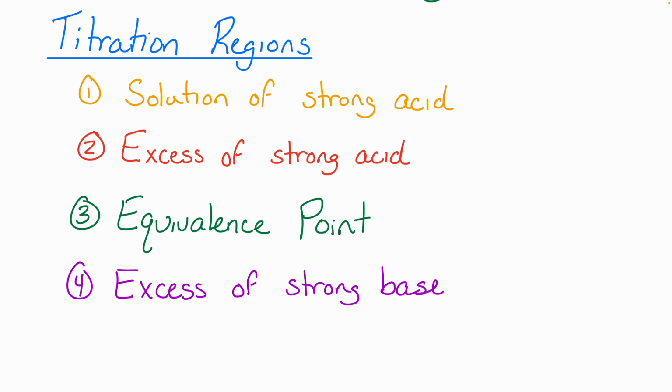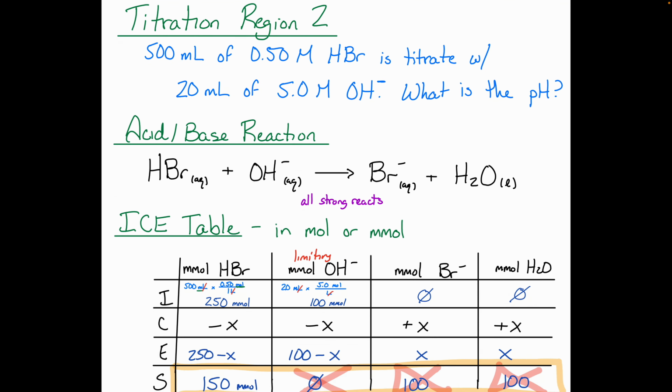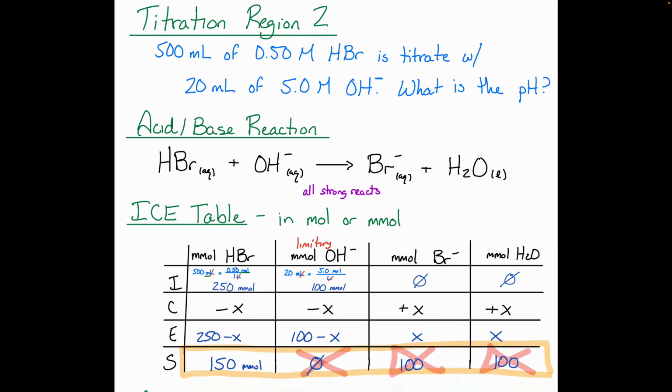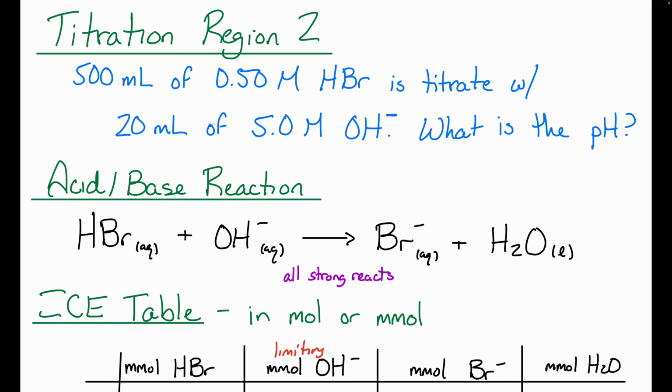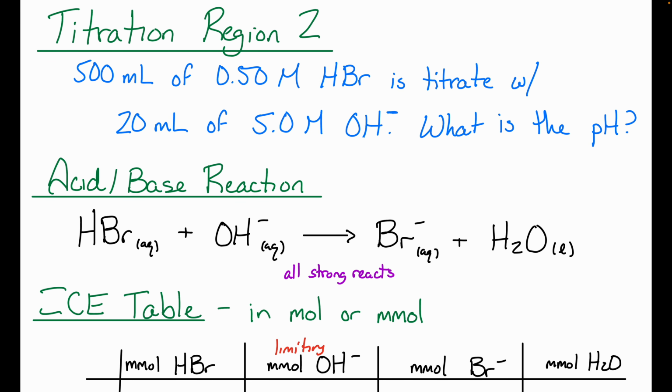And this calculation is very, very similar to what we just did, so I want to see if you guys can do it from the ground up here. We're going to keep our same initial solution, our same analyte, that 500 milliliters of our hydrobromic acid. But now we're going to have added in a total volume of 70 milliliters of that 5 molar hydroxide.